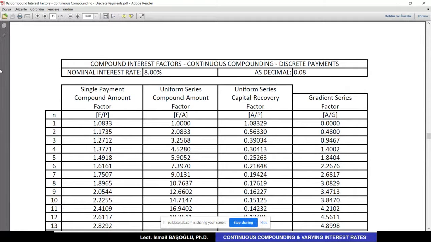So what we are going to do is this. We are just going to consider the single payment compound amount factor for 10 years under 7% interest rate, which is 2.0138. And we are going to consider the same compound amount factor for 8% nominal interest rate, again for 10 years, which is 2.2255.